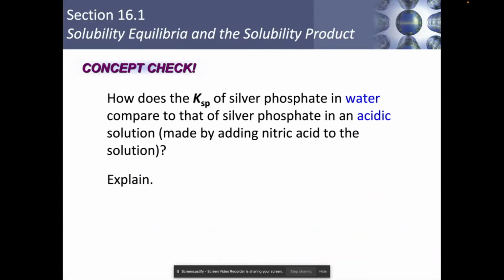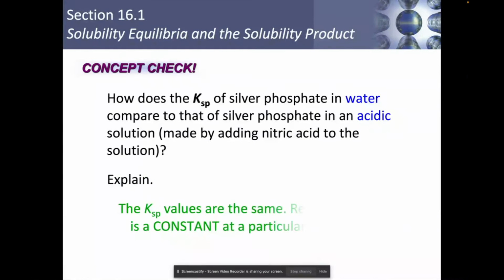Remember, Ksp is a single number, right? The Ksp value is something you can look up. It never changes. So the Ksp value is not going to change. The solubility could change, but the Ksp value is going to be the same no matter what, if that makes sense, right?